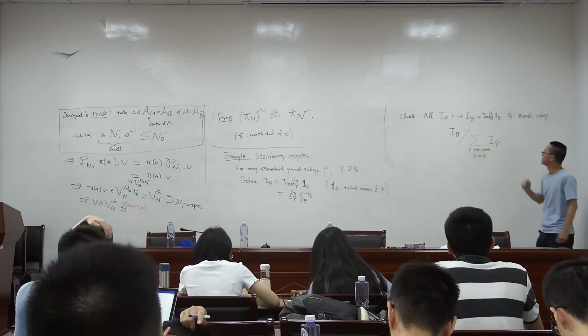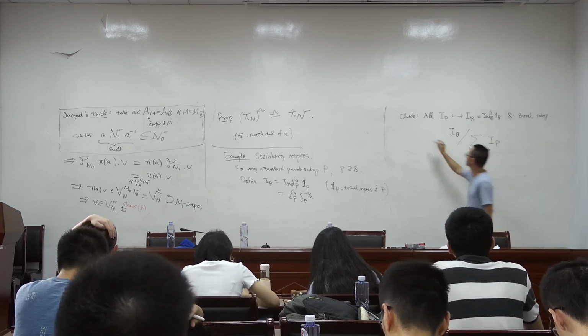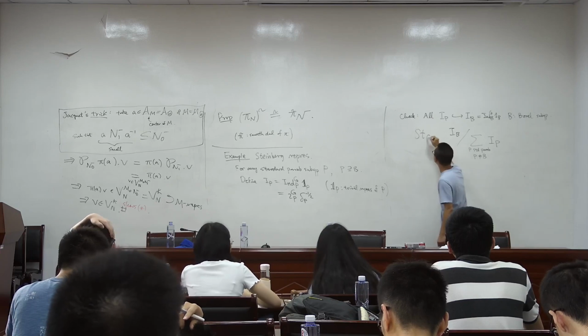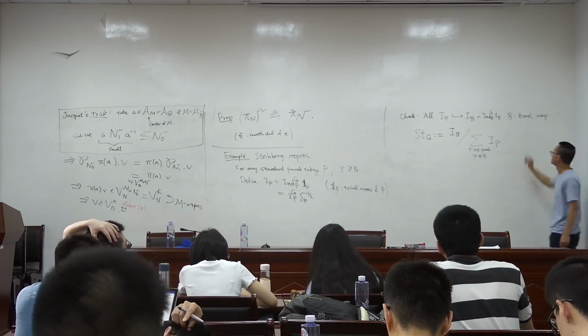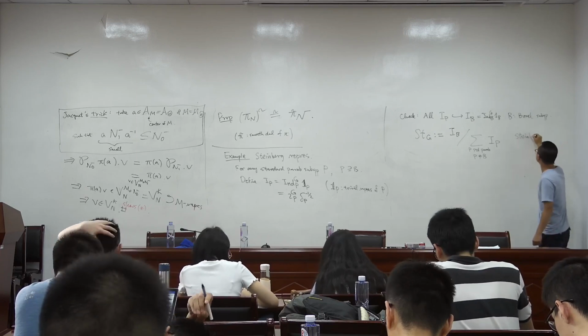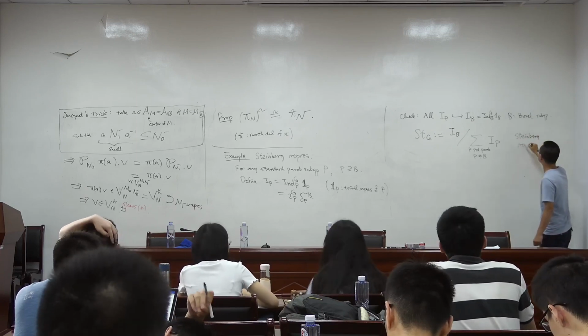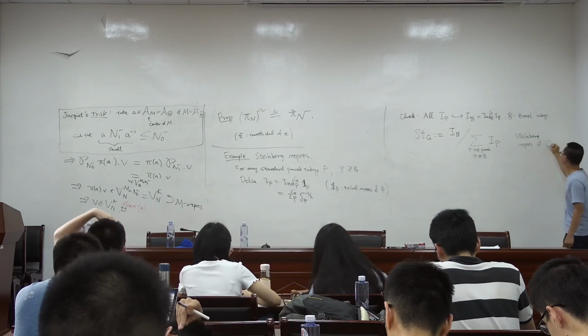So I mod out these, and this I give a name: the Steinberg representation of G.